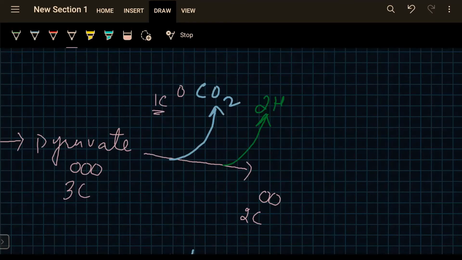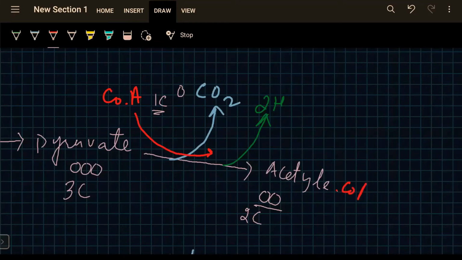This 2-carbon molecule formed after decarboxylation of pyruvate is known as acetyl. A coenzyme is involved in this reaction, which is known as coenzyme A. That attaches with it and makes acetyl coenzyme A.